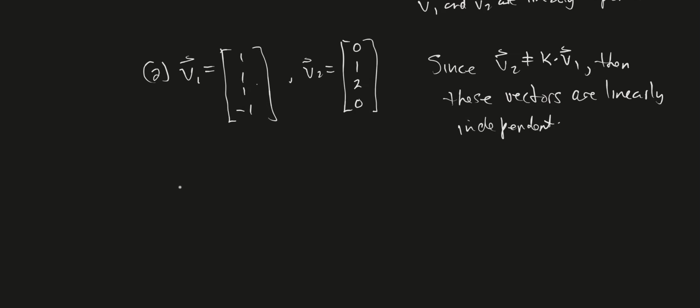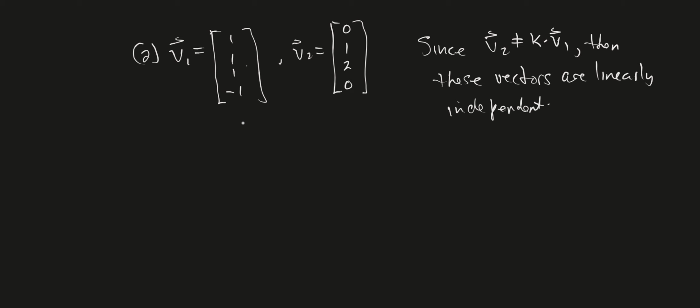The difficulty comes when you're given more than two vectors, right? So let's suppose now we are given v1, v2, v3, up to vm. How can we check to see if these vectors are linearly independent or dependent?